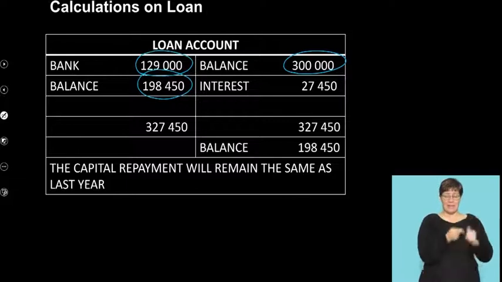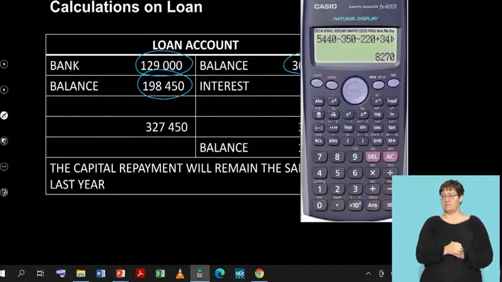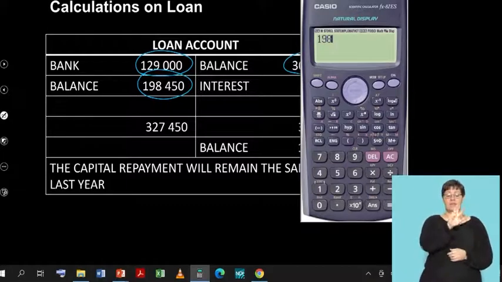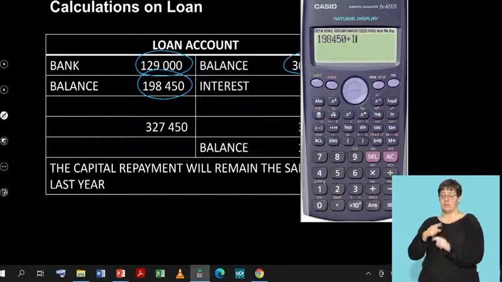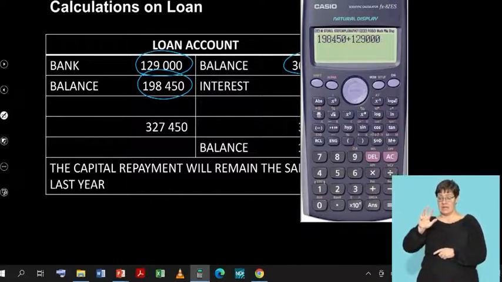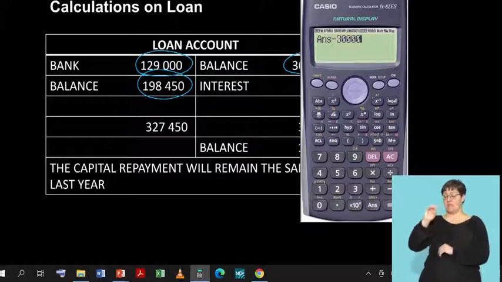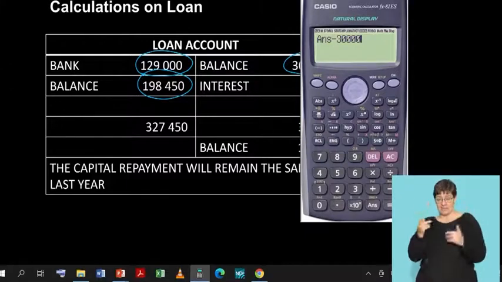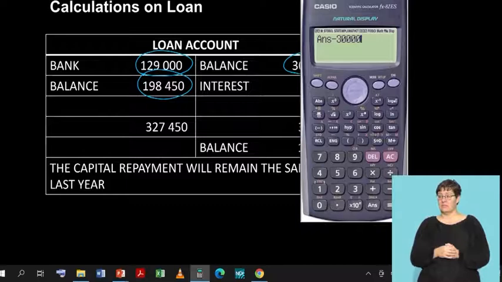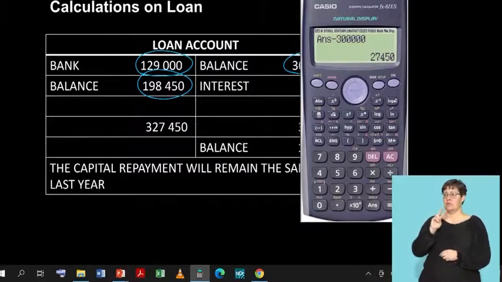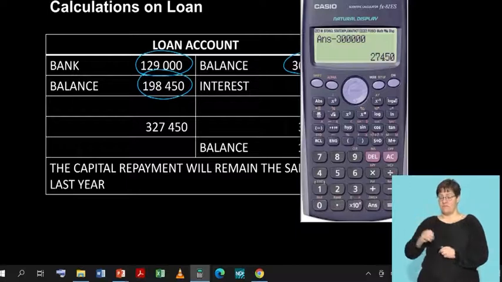Right. Firstly, let me do my calculation. So we say 198,450 plus 129,000 is equal to that, minus the 300,000, which is your opening balance of your loan, right? Will give you a missing figure of 27,450.